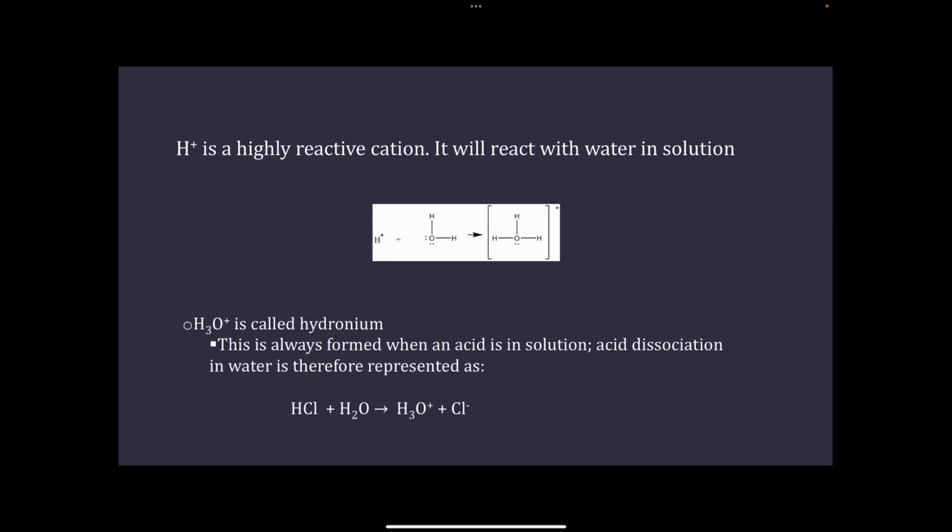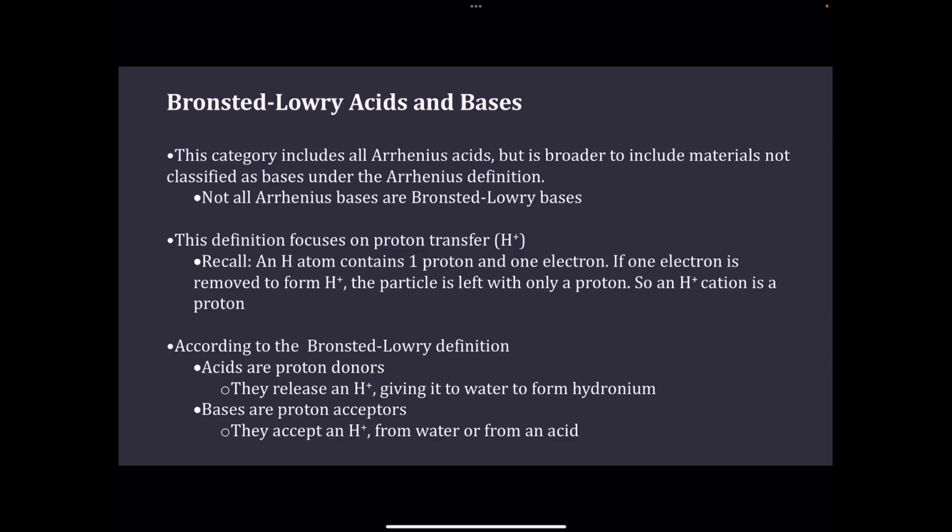Acid dissociation in water can therefore be represented as follows. If I put my HCl into water, the H is going to come off, it's going to attach to the water molecule forming that H3O+, and we're going to be left behind with that Cl-. So that was our Arrhenius definition. We produce H+, or technically hydronium, in solution if we are an acid, and we produce hydroxide if we're a base.